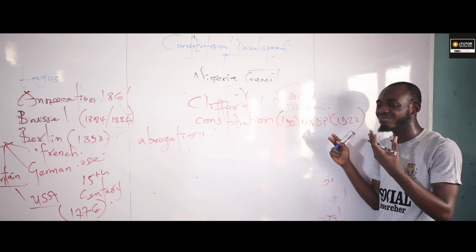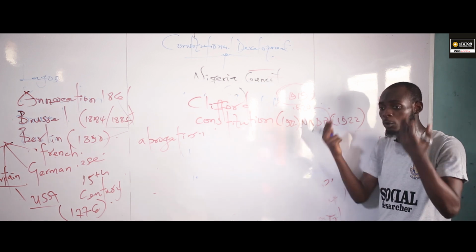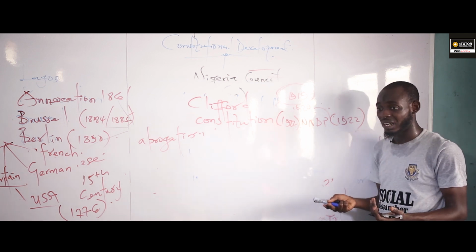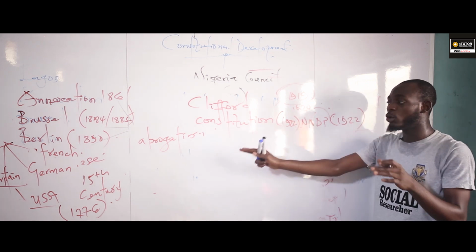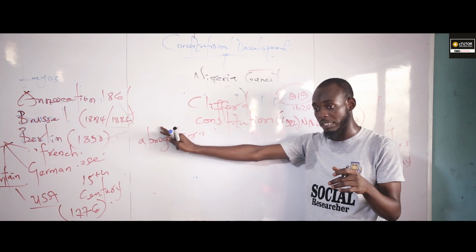The Nigerian Council created by Lord Lugard was purely advisory. We only had less privileged people that were not educated representing Nigeria. That was the reason why they abrogated the Nigerian Council of Lord Lugard.